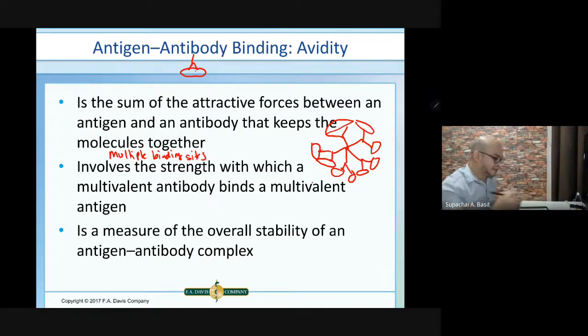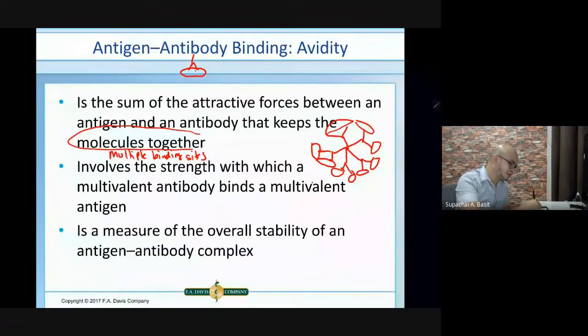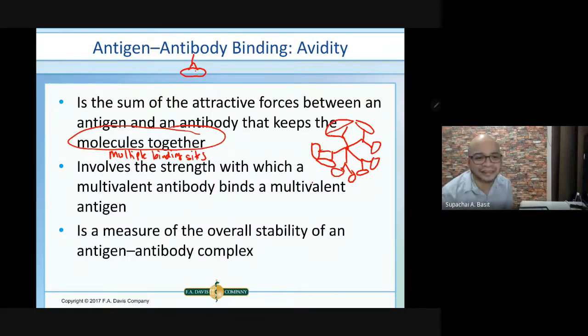And since there are multiple binding sites, it will keep the molecules together. Therefore, avidity doesn't only refer to the individual binding of the antibody and antigen, but it refers to the overall strength. Okay, the overall.